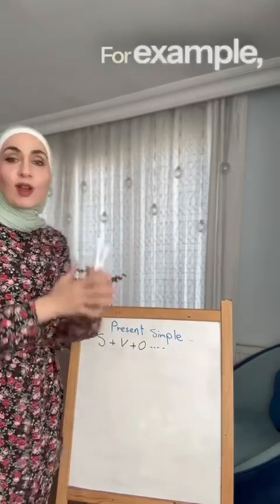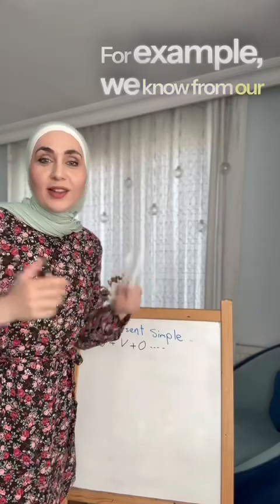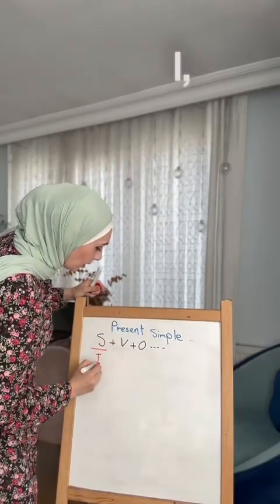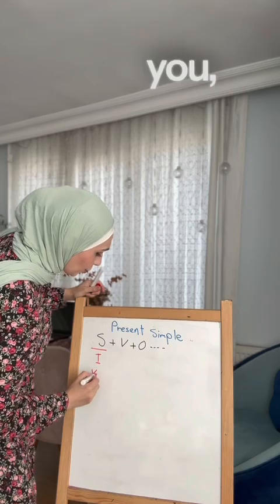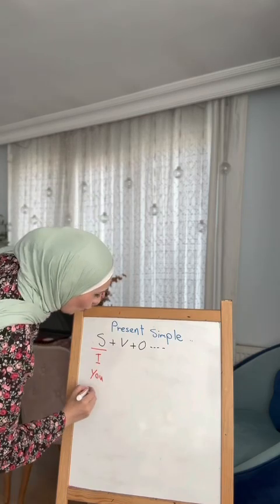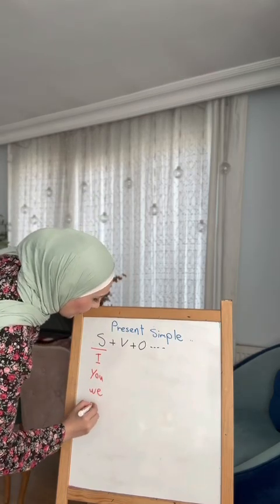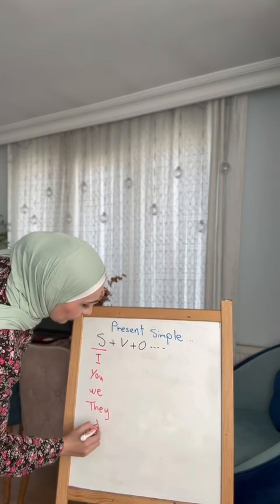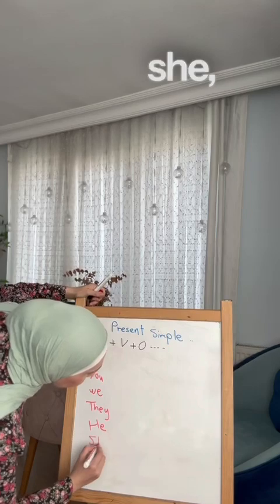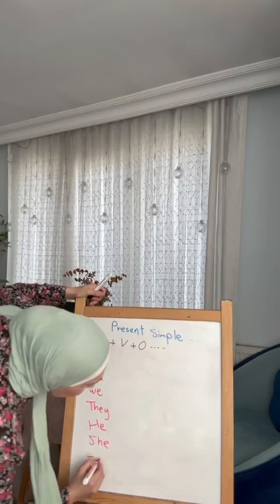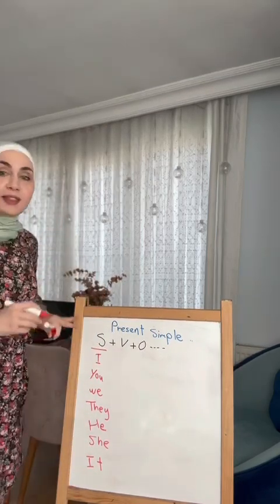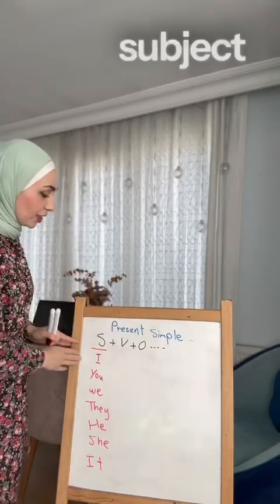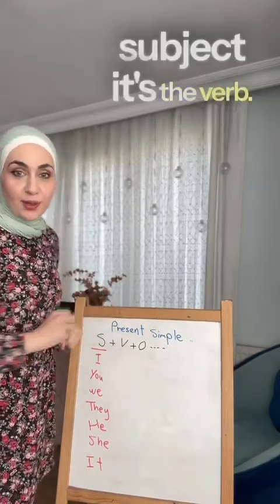For example, we know from our past lesson, the subject is I, you, we, they, he, she, and it. This is the subject. And after the subject, it's the verb.